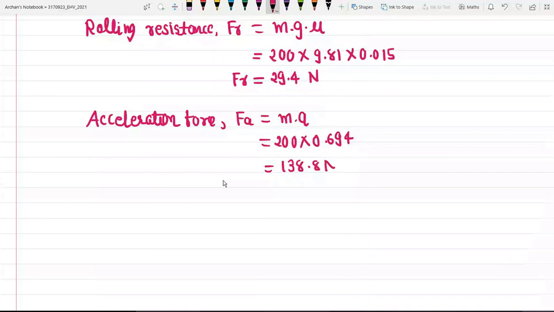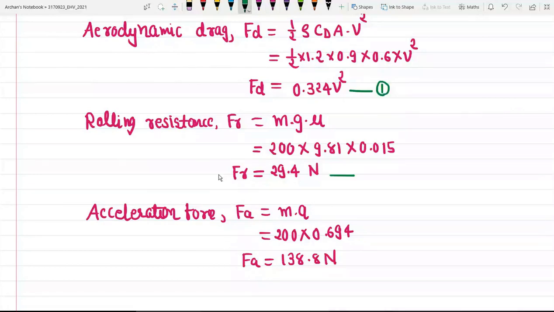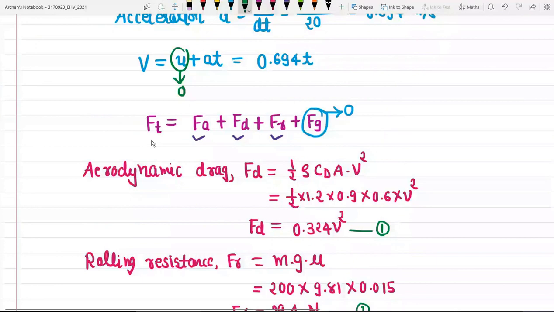So we have all these three values, let us say values 1, 2 and 3. The total tractive force required according to this equation is the summation of acceleration force, aerodynamic drag and rolling resistance.